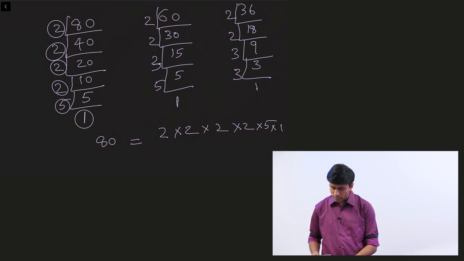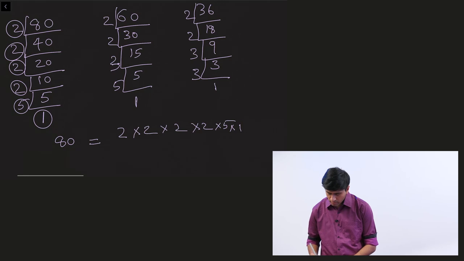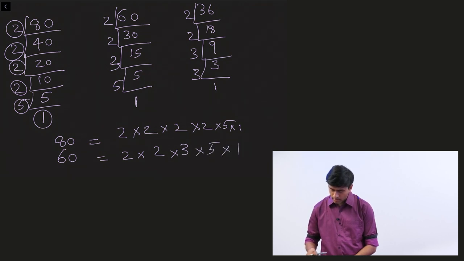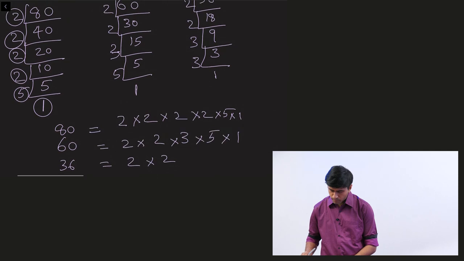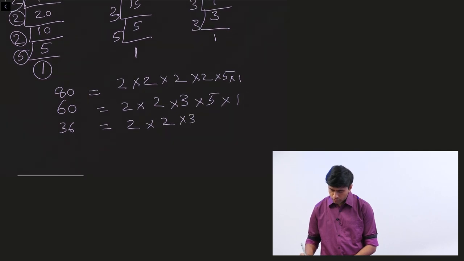In the same way, let's do it for 60: 2 into 2 into 3 into 5 into 1. And for 36: 2 into 2 into 3 into 3 into 1.